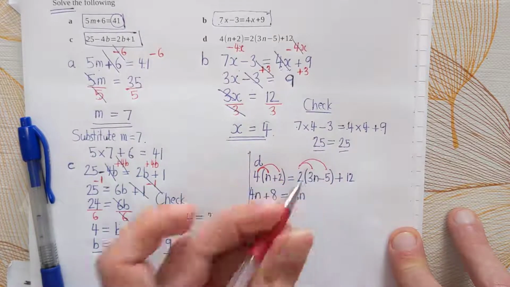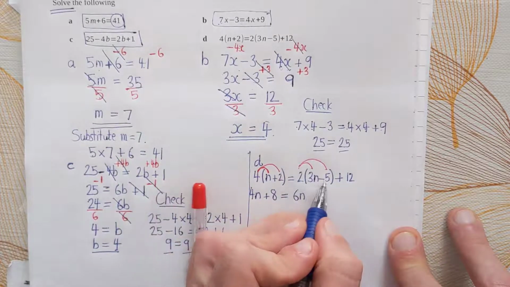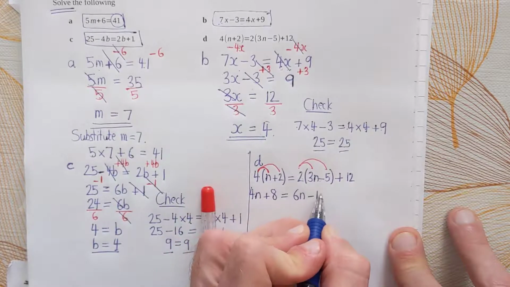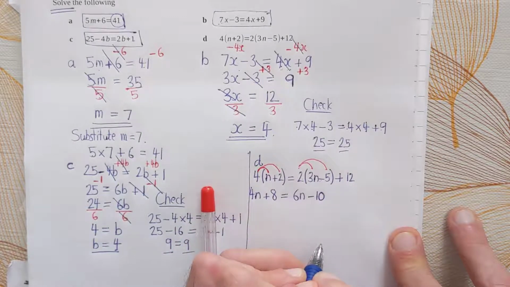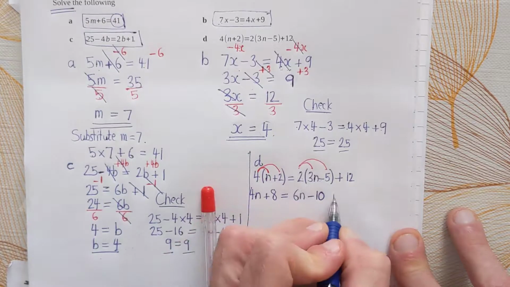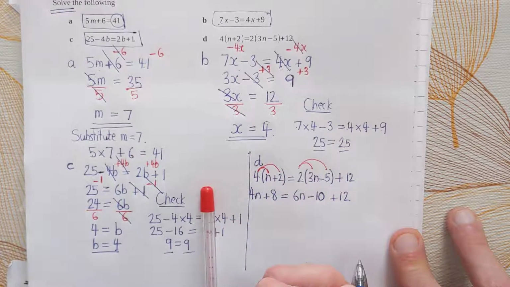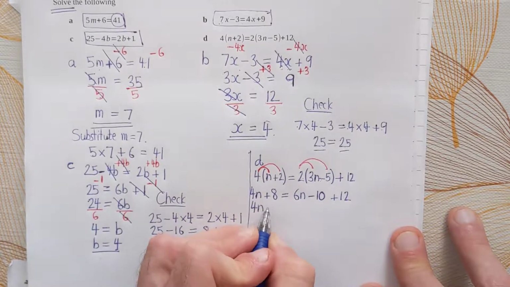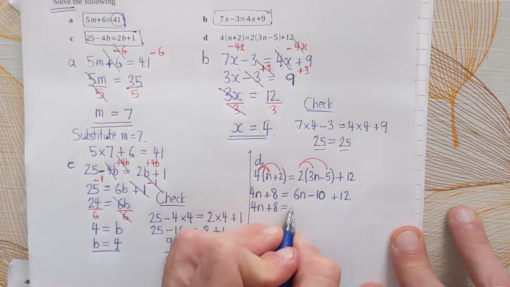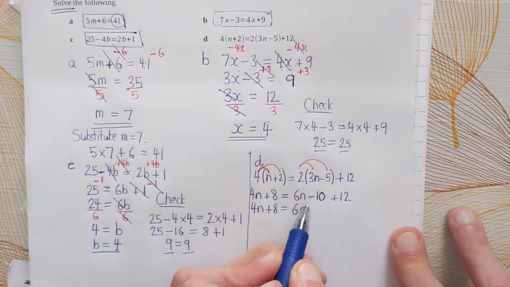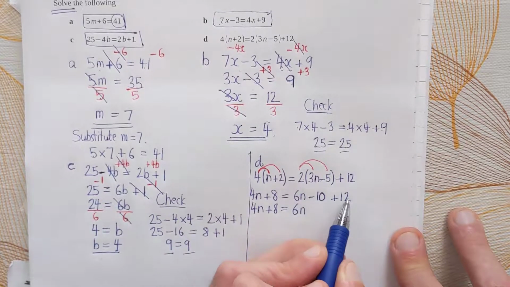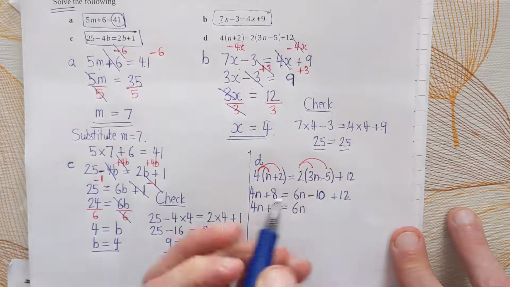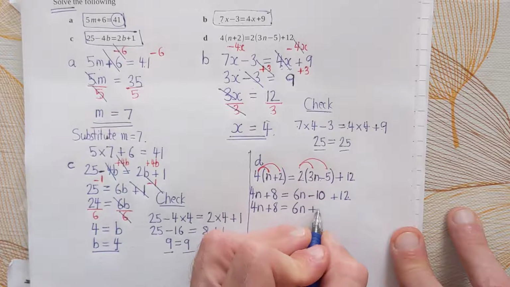And then we have 2 times minus 5, minus 10. Plus 12. Now we simplify, so we have 4n plus 8 equals 6n. We're taking away 10 and then adding 12. Minus 10 plus 12 leaves us with plus 2.